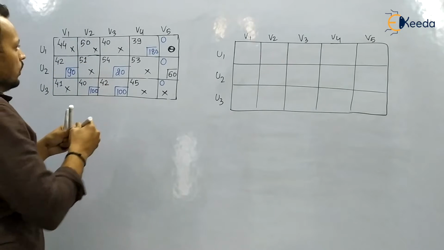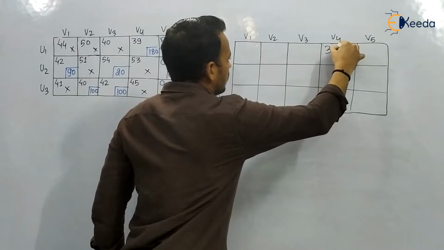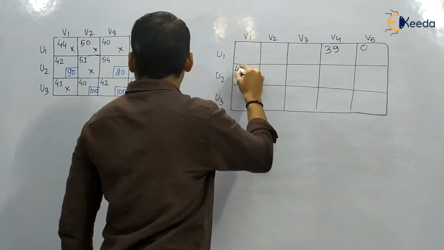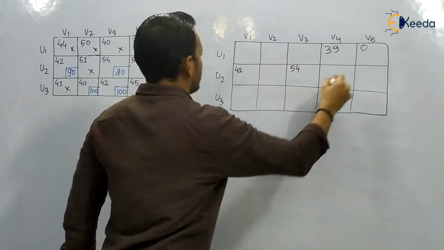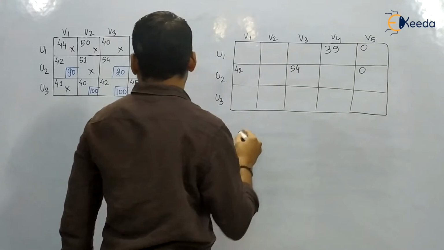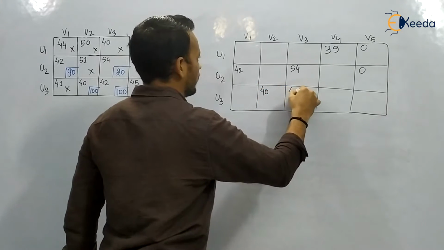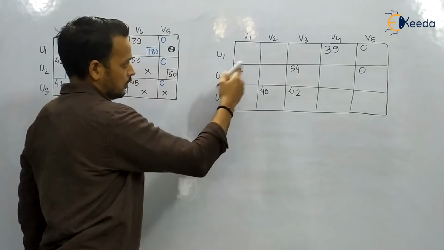So the first allocated cell is 39. For v4 this is 39, this is 0, this is 42, this is 54. This is 0 again, this is 40, this is 42. So we will make the equations.